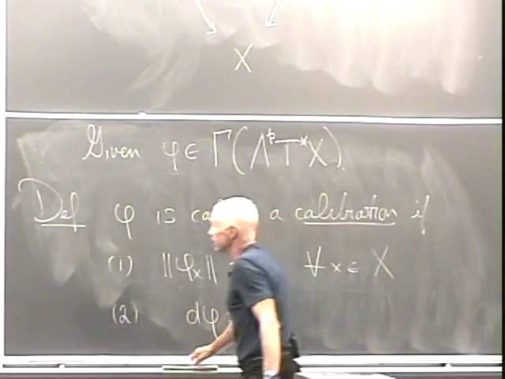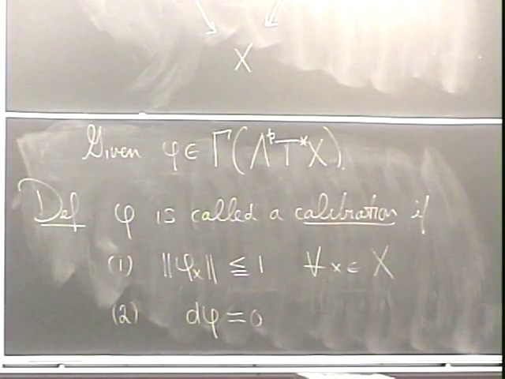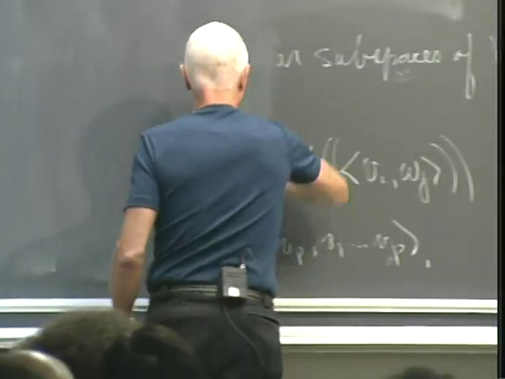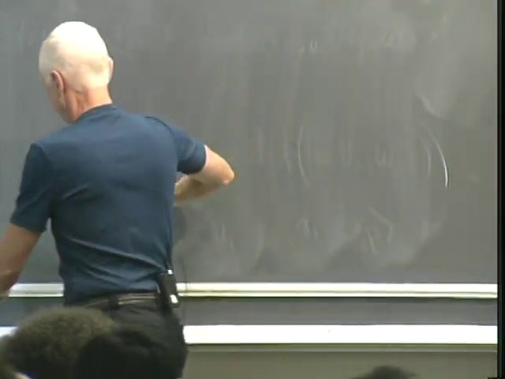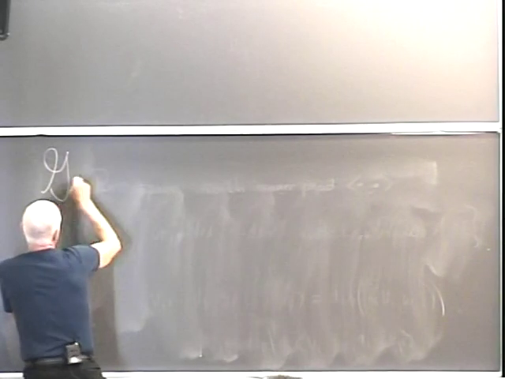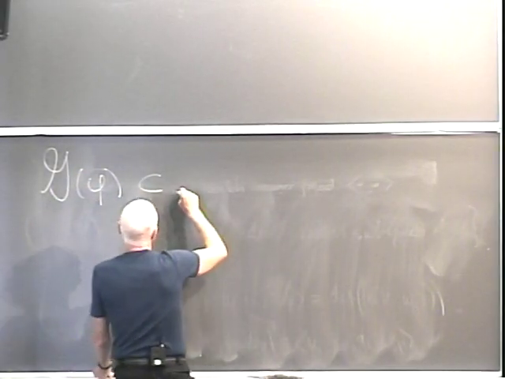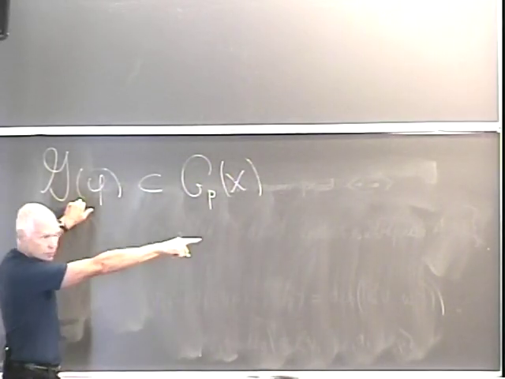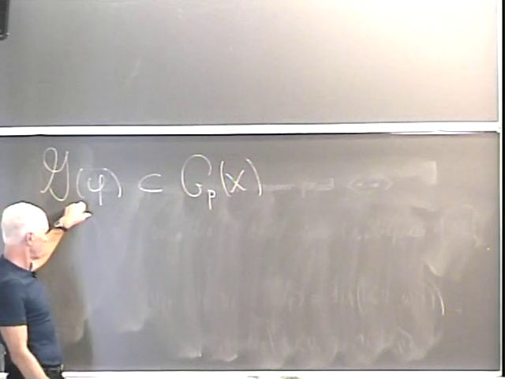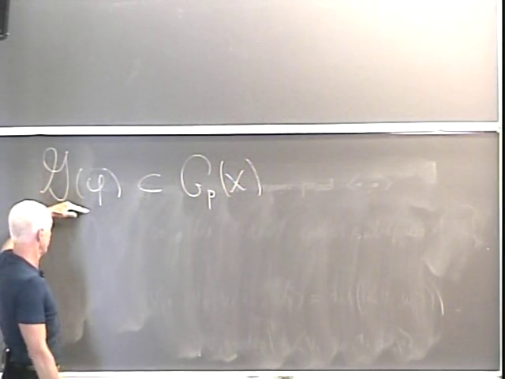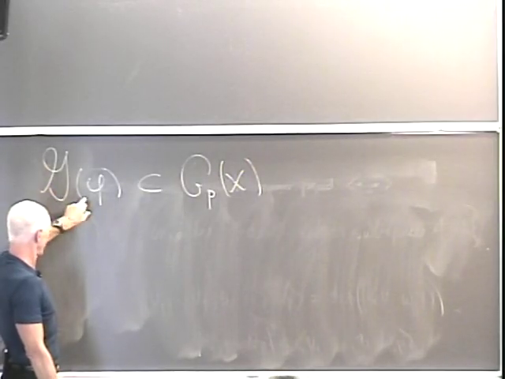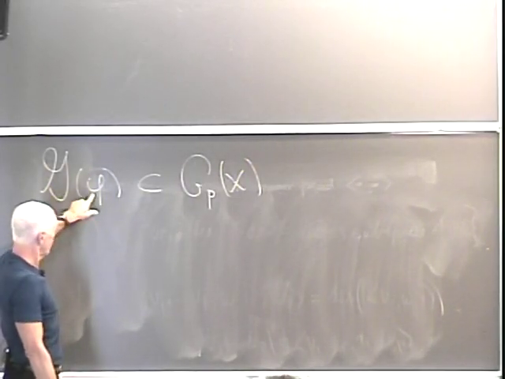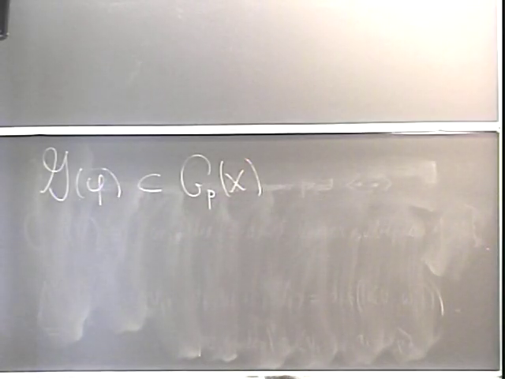And whenever you have this, then you can define this subset. So we have G_phi, a subset of G_p of X, and this is simply defined pointwise. Again, it's not a fiber bundle in general, but this is the subset above each point of those oriented p-planes where you have equality, just as I defined here.